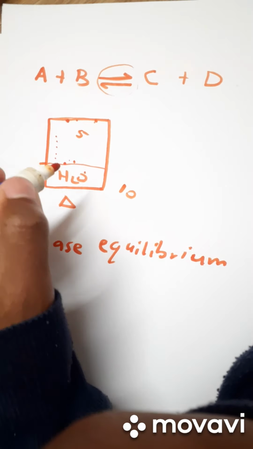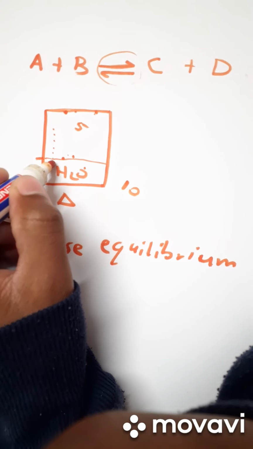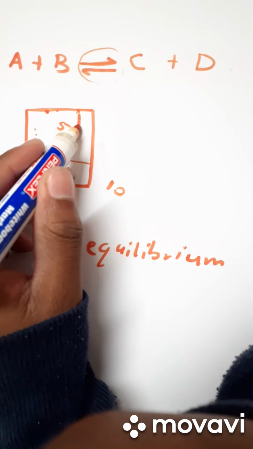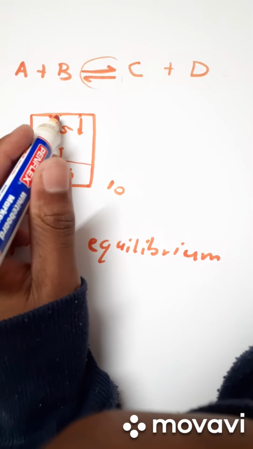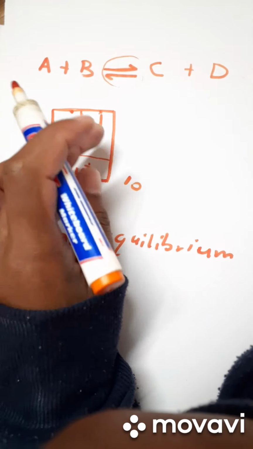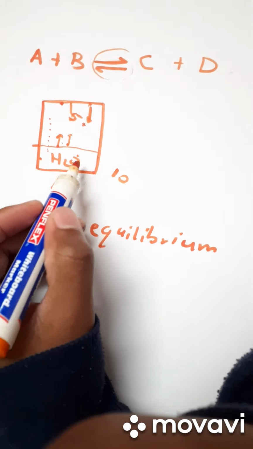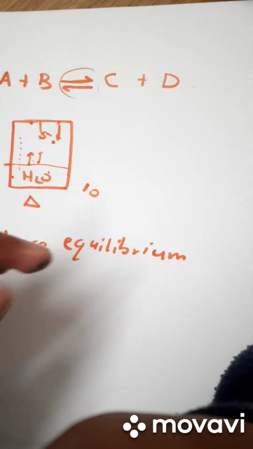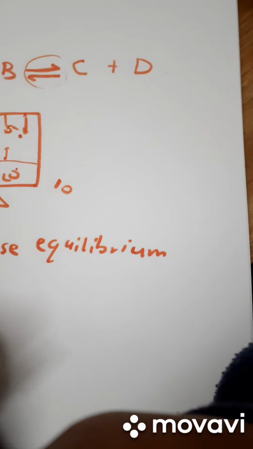If you have one particle moving up, at the same time you have one particle going down. Therefore, the total number of particles here is going to remain 5, and the total number here is going to remain 10. So the process is dynamic, because it is constant. There is a change, but this change is constant.